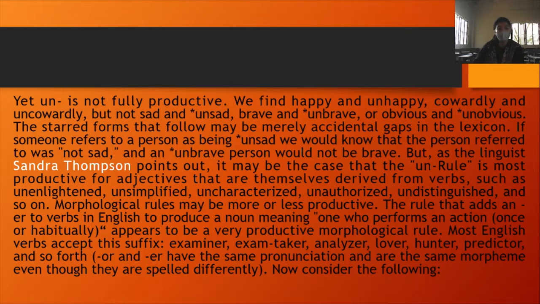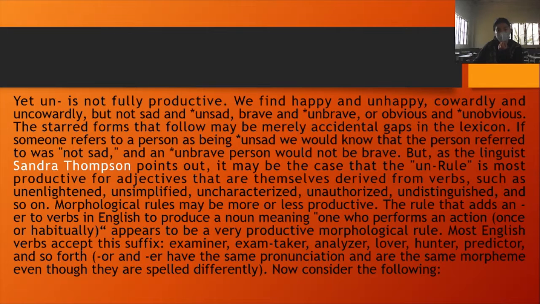An unbrave person would not be brave. But, as the linguist Sandra Thompson points out, it may be the case that the un rule is most productive for adjectives that are themselves derived from verbs, such as unenlightened, unsimplified, uncharacterized, unauthorized, undistinguished, and so on.